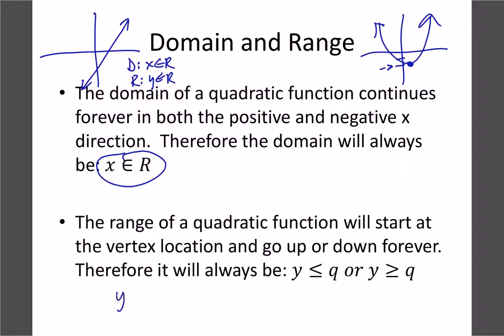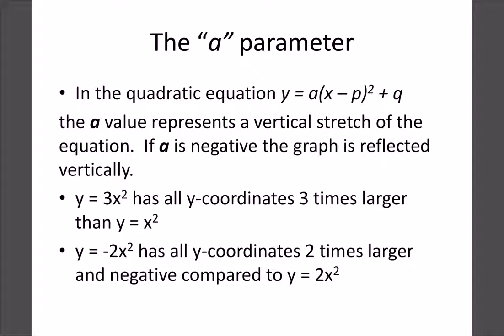We would say our range then is y is greater than or equal to -2. And if our graph was upside down, and that maximum was, say, at 3, we would say our range is y is less than or equal to +3. So our range will have to do with where that vertex is located. But other than that, it's very similar to linear graphs.